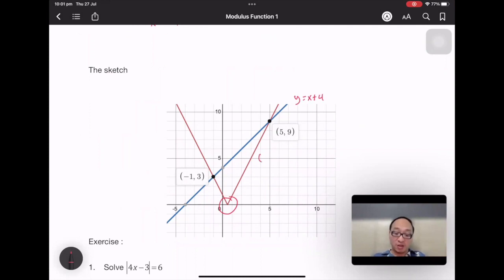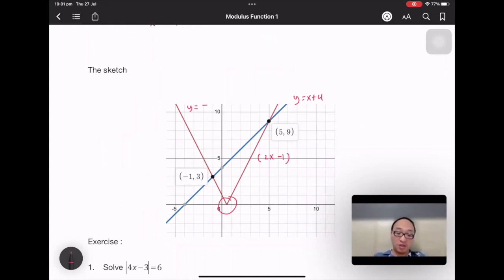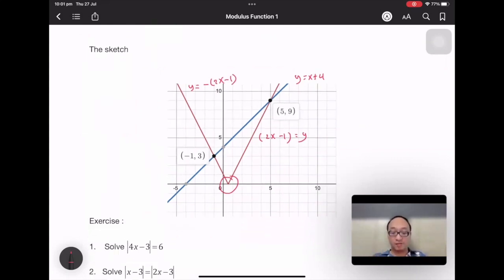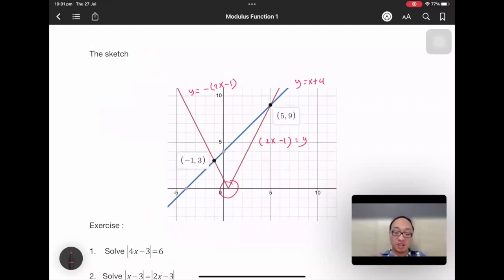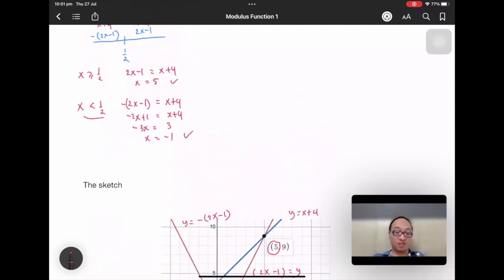This one is 2x minus 1. And this one is y equals minus 2x minus 1. And you can see the solution, the intersection points are negative 1 and 5. So the same.